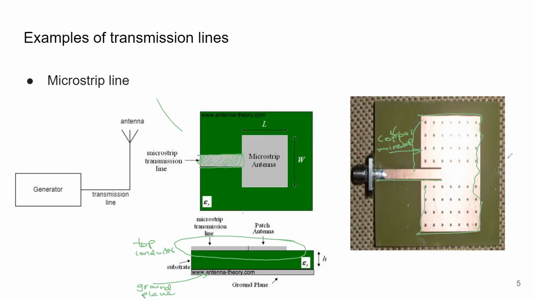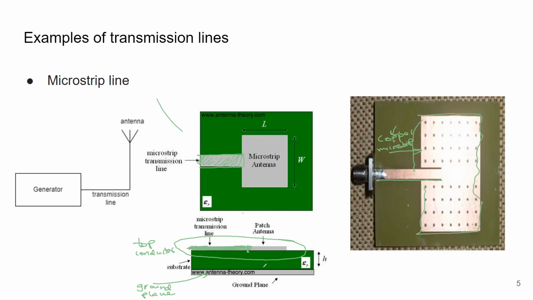The top conductor is given by this microstrip transmission line and the patch antenna. This is the part where we have the rectangular patch antenna, and this is the part where we have the transmission line. The transmission line's top conductor is this one, and its bottom conductor is given by the ground plane.